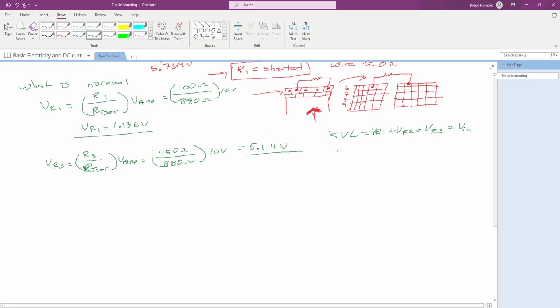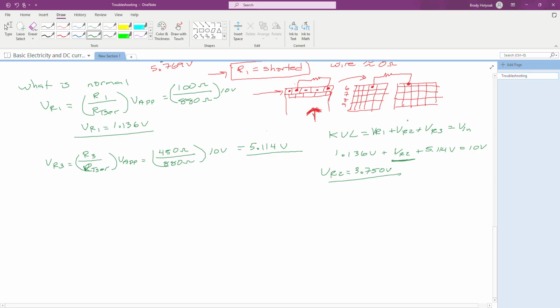So I can do 1.136 volts plus my VR2, which I haven't calculated yet, plus my VR3, which is 5.114 volts. All of that has to equal 10 volts. So if I run this through my calculations and solve for my unknown, my VR2, I'm going to find out that VR2 is equal to 3.750 volts, which is what I was given up in the top one.